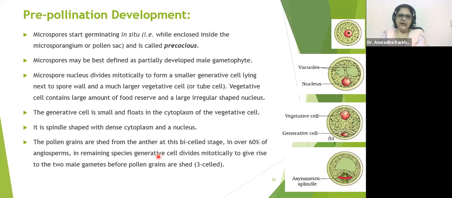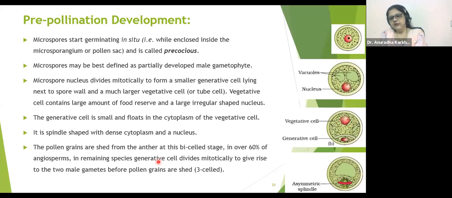Vegetative cell contains large amount of food reserves and large irregularly shaped nucleus. The generative cell is small and it appears to float in the cytoplasm of the vegetative cell. It is spindle shaped with dense cytoplasm and nucleus. Spindle समझते हो? You know what is a spindle?